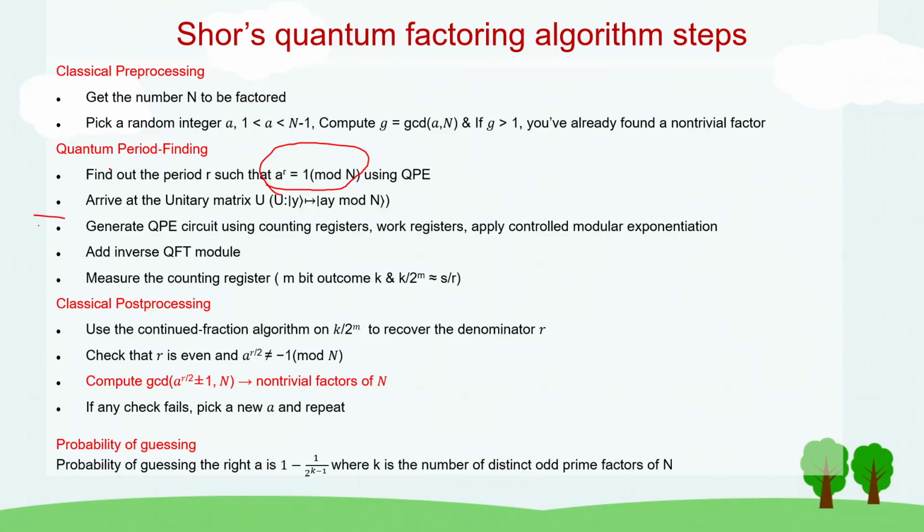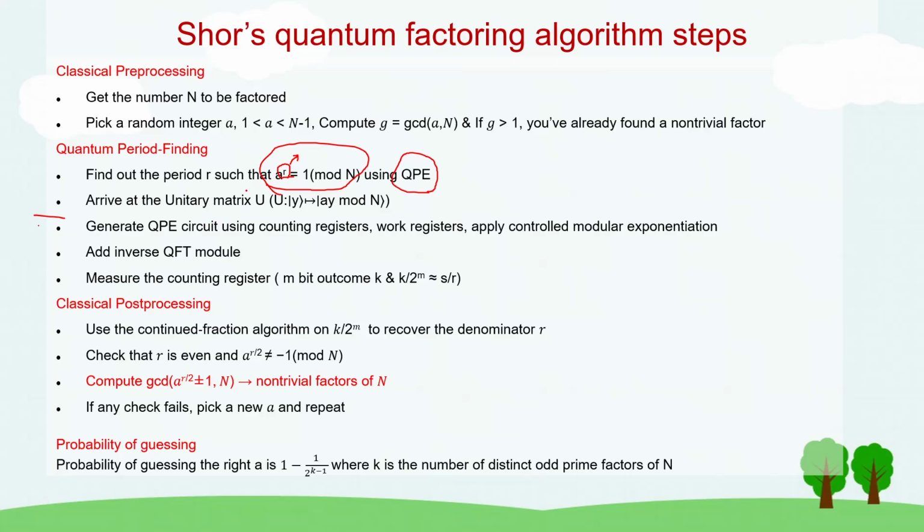So you come here. Guessing a is still there and finding r. He proposed a very, very nice algorithm. He made use of the quantum phase estimation algorithm to get this r. So the whole exercise, the crux of Shor's algorithm, is to get r faster.